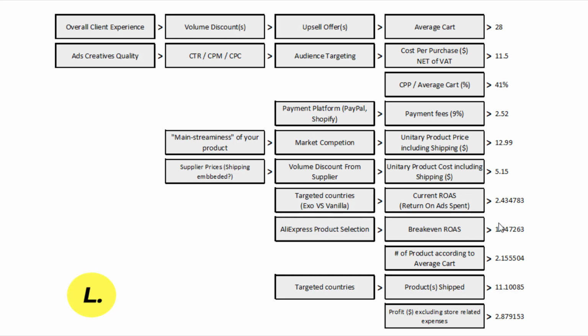The break-even ROAS is linked to product selection, because products that are $5 or below including shipping tend to be easier to dropship, since you can sell in a range of $15 USD, 14.99, and then it's not crazy. People will tend to buy easily.